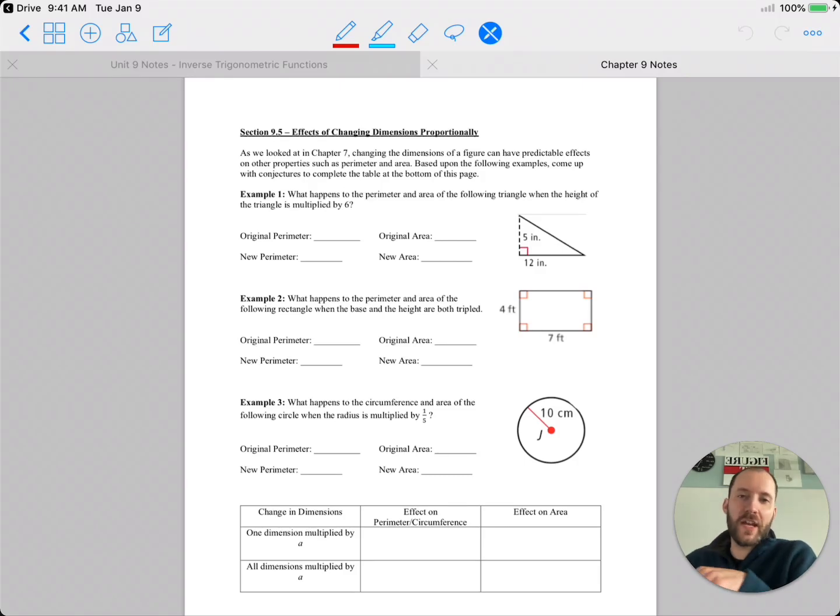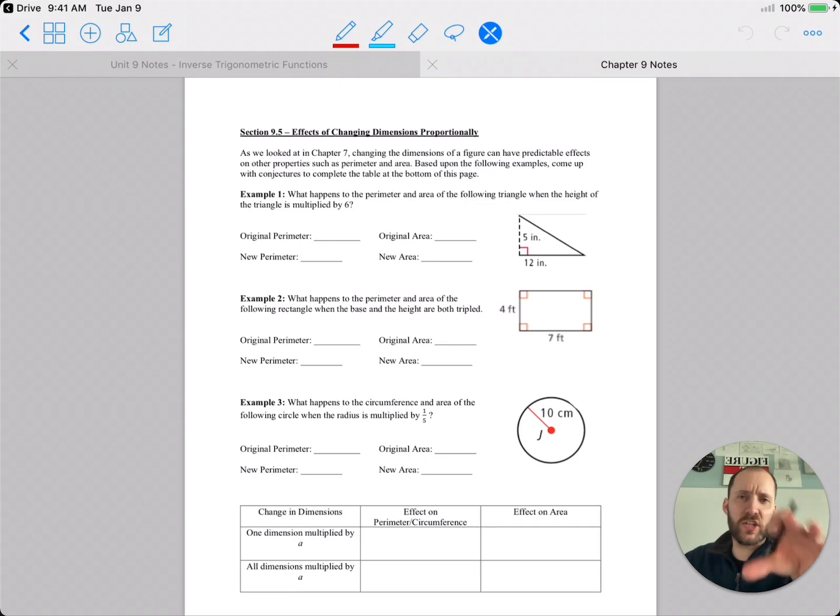Hey, section 9.5, effects of changing dimensions proportionally. So in chapter 7 earlier, we looked at how changing dimensions of a shape can result in a similar shape, and you can predict the new perimeters and or areas based upon what was changed and how it was changed.